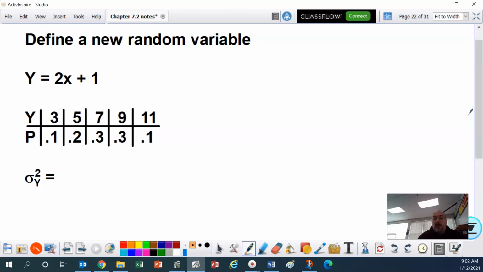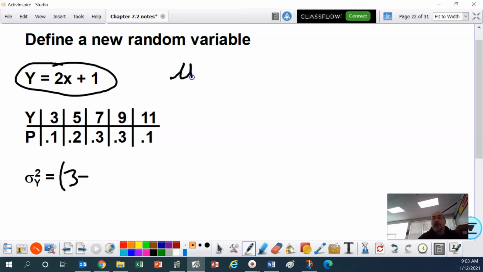Here's our new random variable, 2X plus 1. So we multiplied the X values by 2 and added 1. Now if I wanted to find the variance, I would go 3 minus, and if you remember, the expected value for that, let me double check, is 7.2.